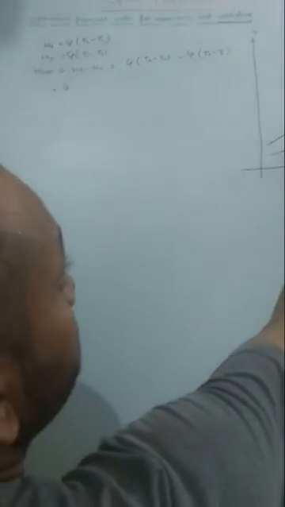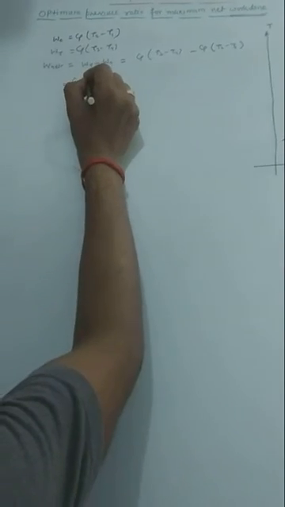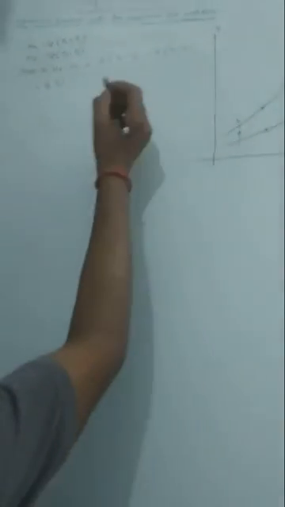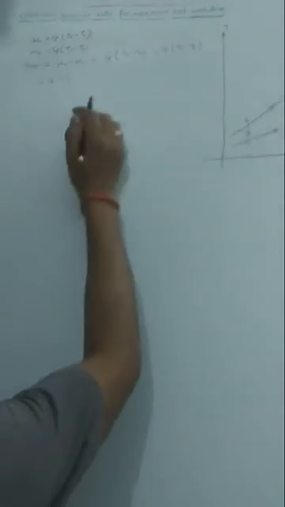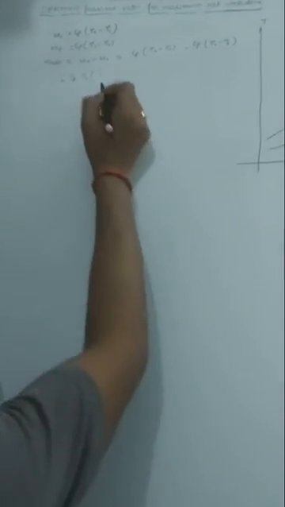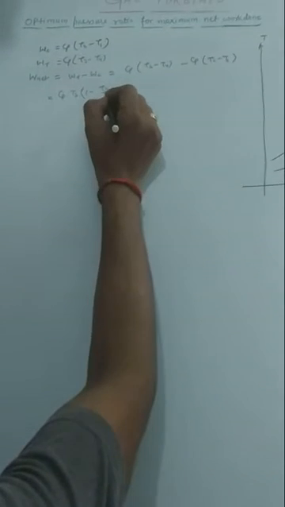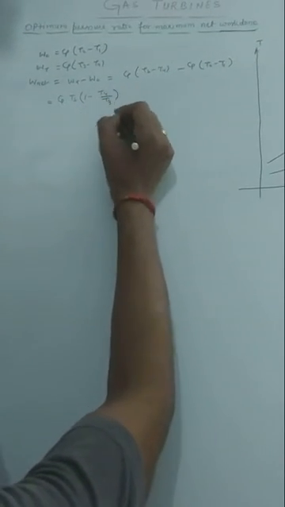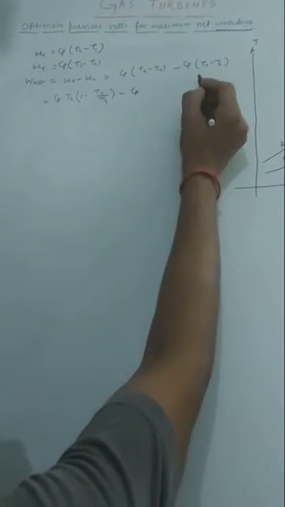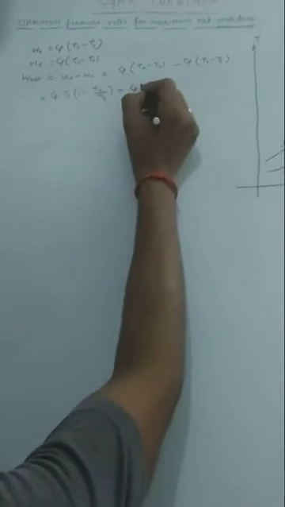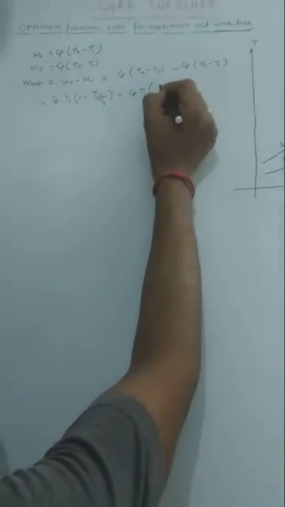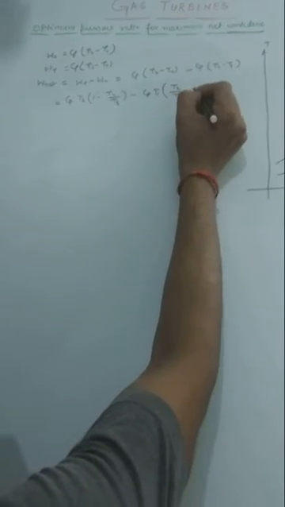Let me take T3, the maximum temperature, outside the bracket, and we get Cp T3 (1 minus T4 by T3) minus Cp of, from this bracket we can take T1, (T2 by T1 minus 1).